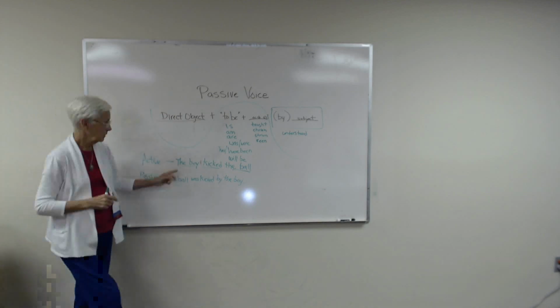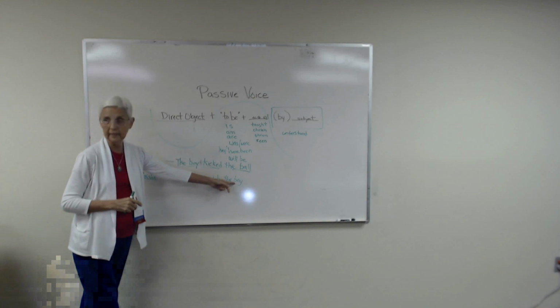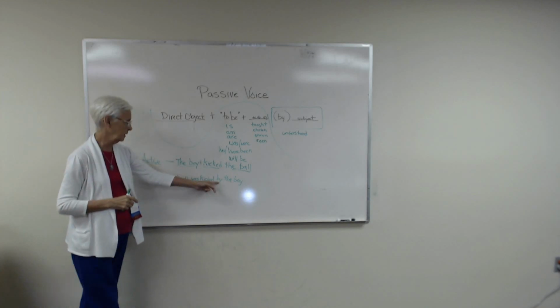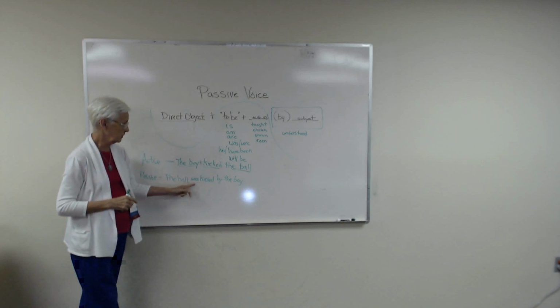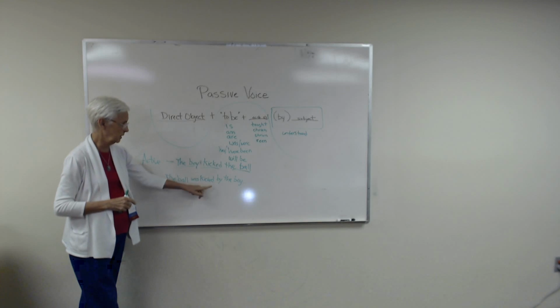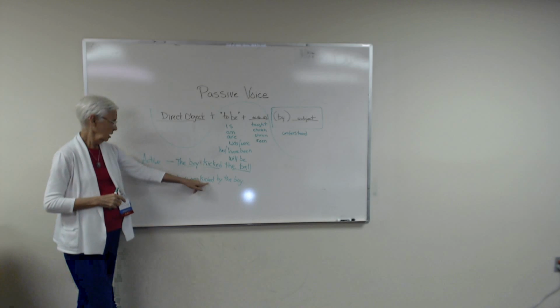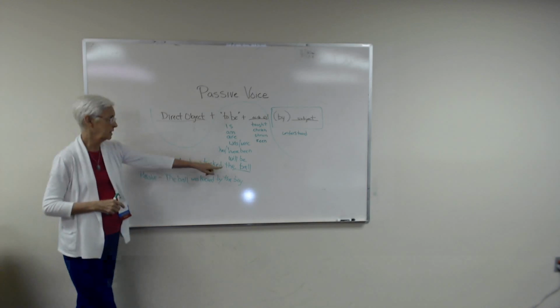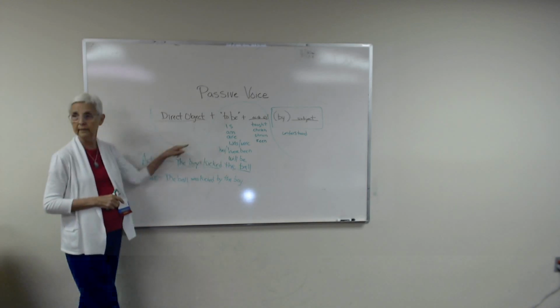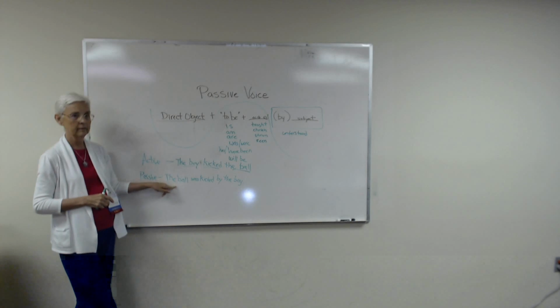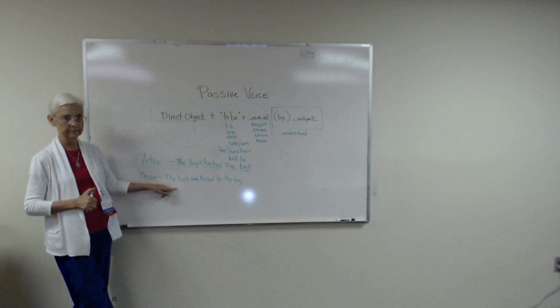So the boy, the subject, ends up at the end, after a "by." You have two parts to the verb: a part of the "to be," and the past part of it. And then the direct object, what was kicked, becomes the front part of the sentence.